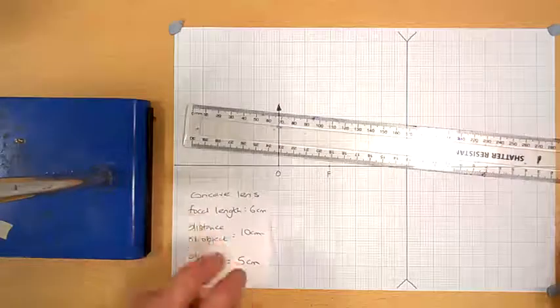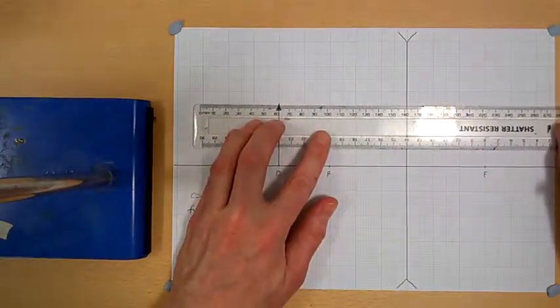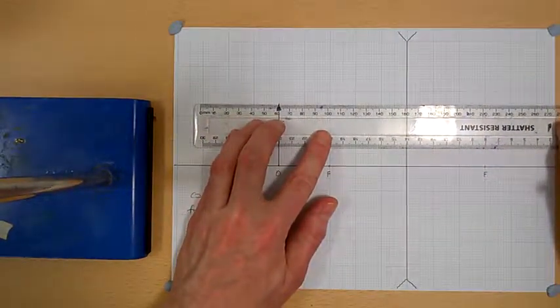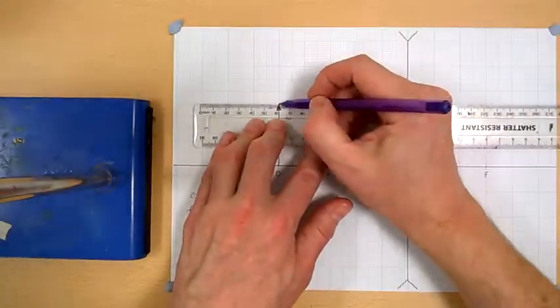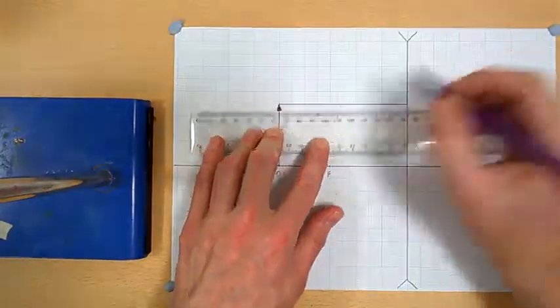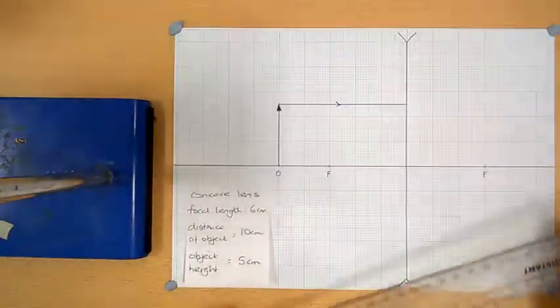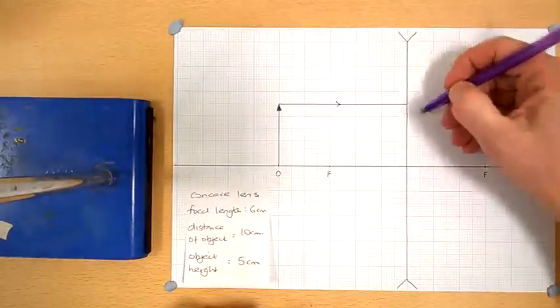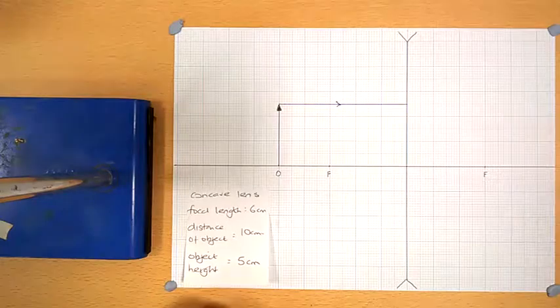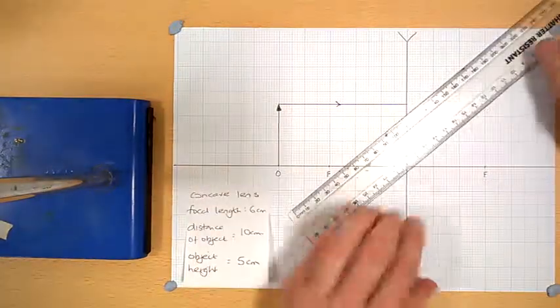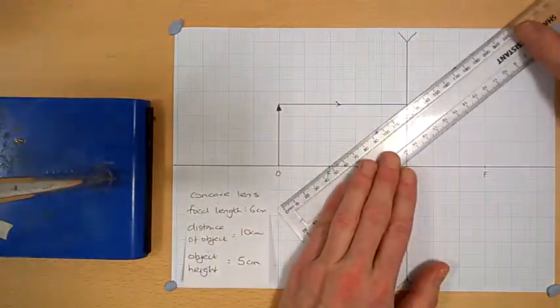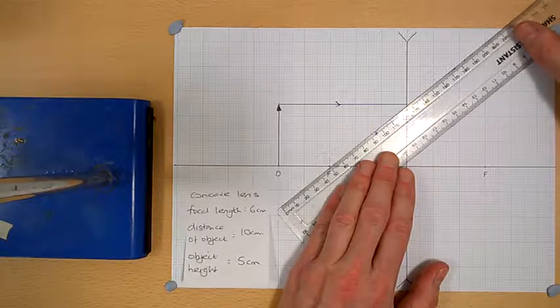Okay, now I always like to start with the ray of light that is parallel to the axis. Okay, so there it is. Now, with a concave lens, instead of going through the focus on this side, the rule is that it must look as if it has come from the focus on this side.